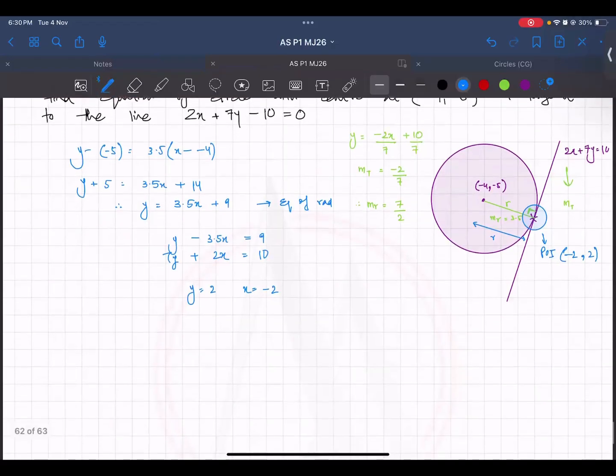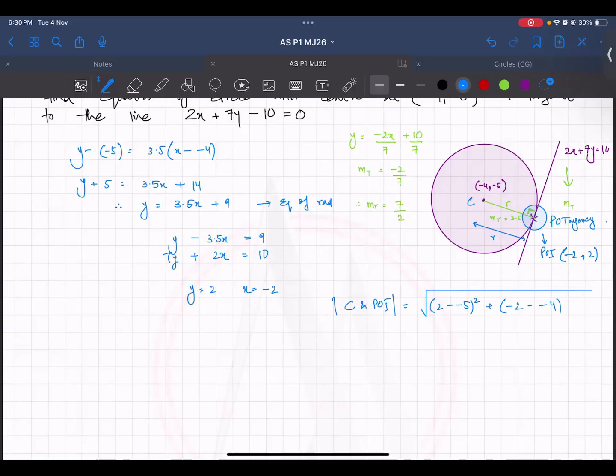And now the distance between the center and the point of tangency, or the point of intersection. So center and point of intersection, the distance between them. Distance formula, basic distance formula. 2 minus 5 whole square plus minus 2 minus 4 whole square.